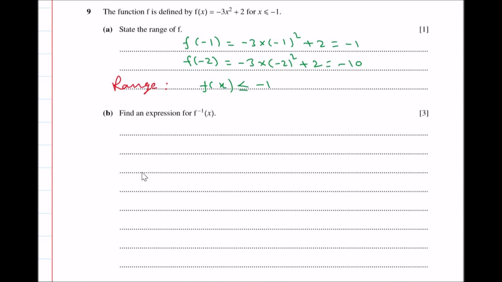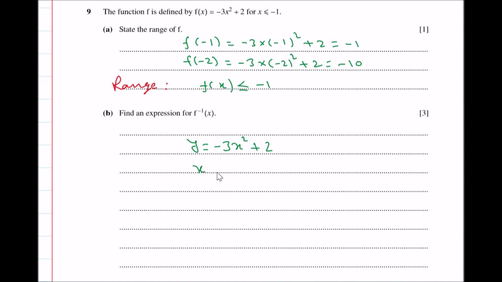Now part B, find an expression for f inverse x. To find the inverse, first let us write y equal to minus 3x square plus 2. Now swap x and y. Swap x and y means in place of x write y, in place of y write x.